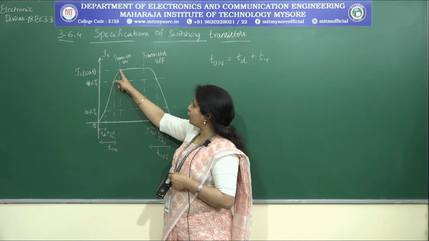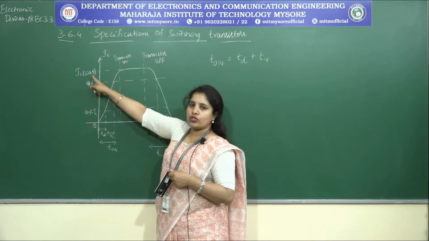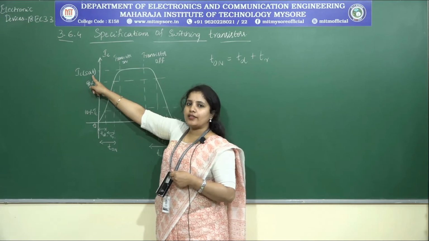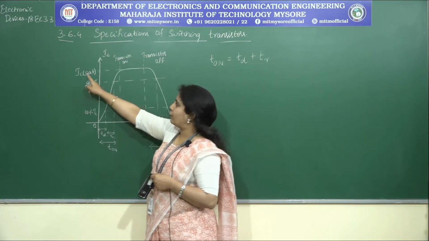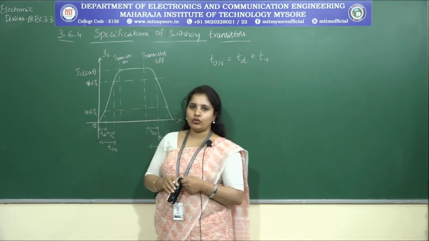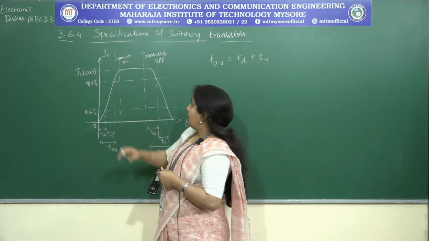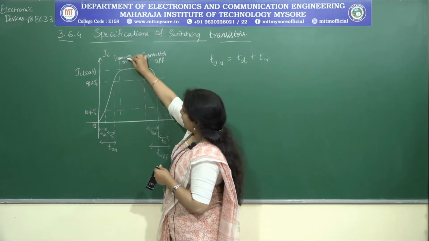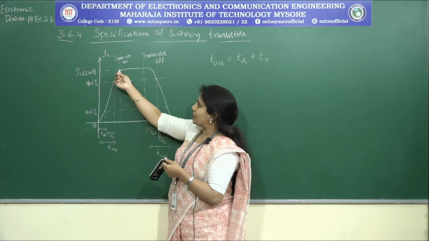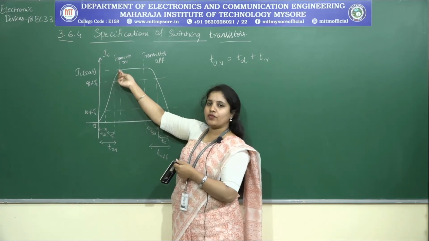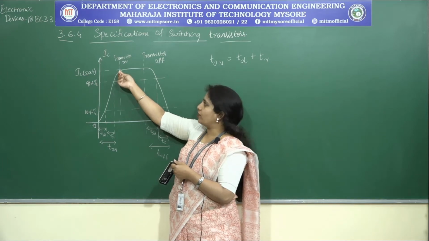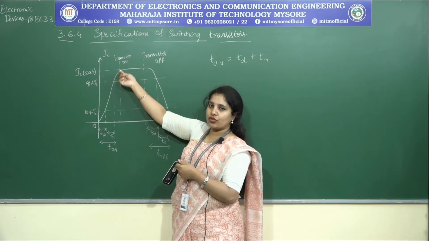Once it reaches this value, that value is referred to as the current absorbed at the collector in the saturation region. That's why I have referred to it as IC sat, which is the 100% of the IC value that you have to look into. And this is the region where I say my transistor is in the on condition. Now, once the transistor is on, in the previous session we had looked into what will happen. What am I trying to do here? We are operating in the saturation region.